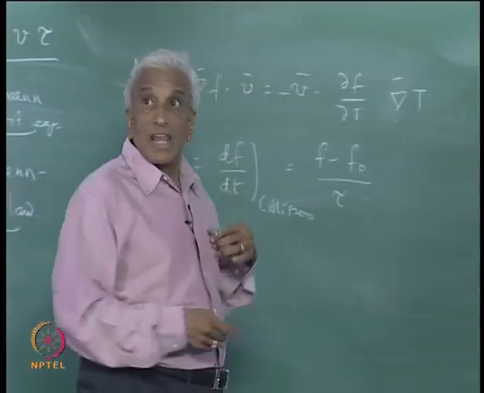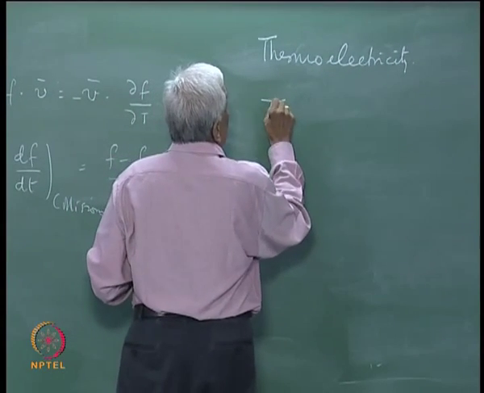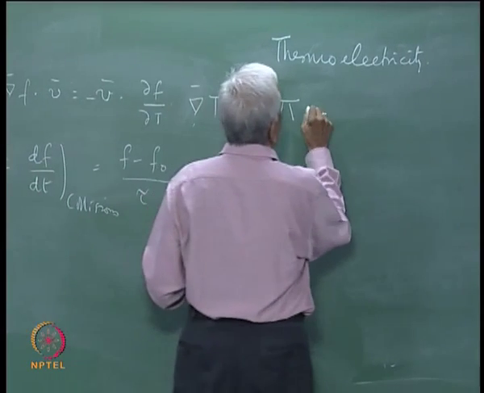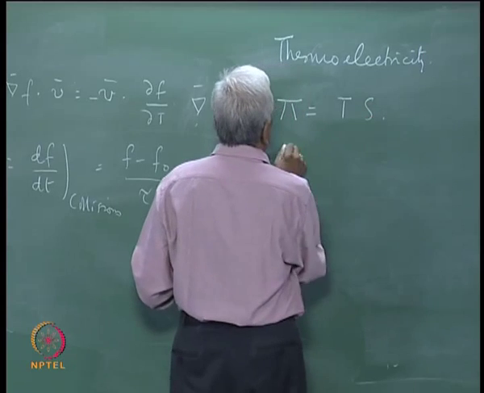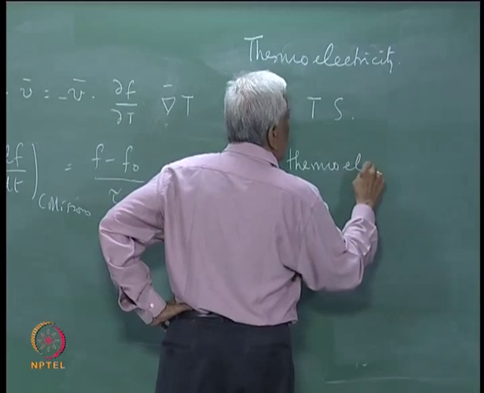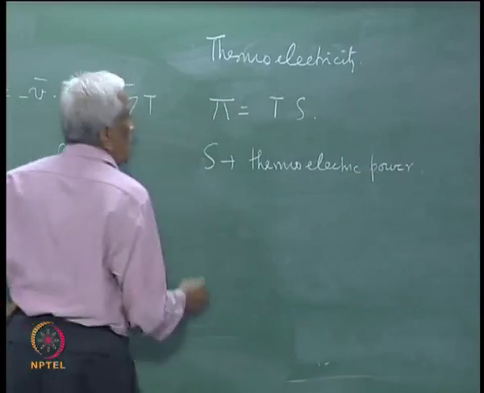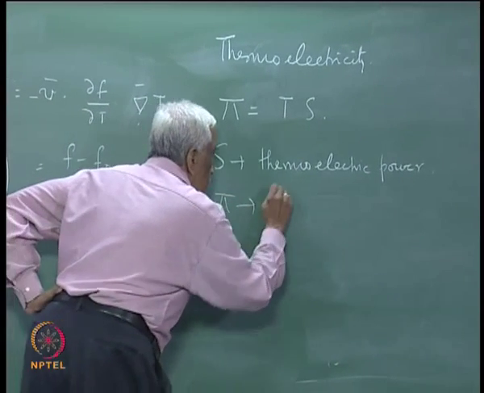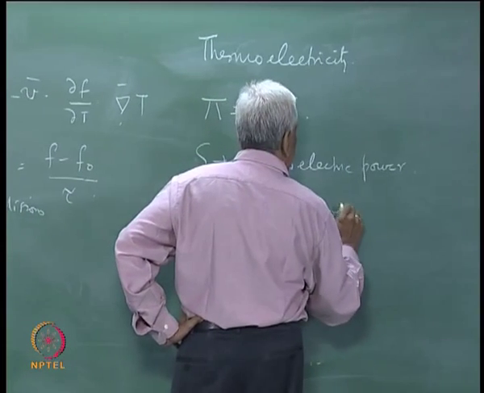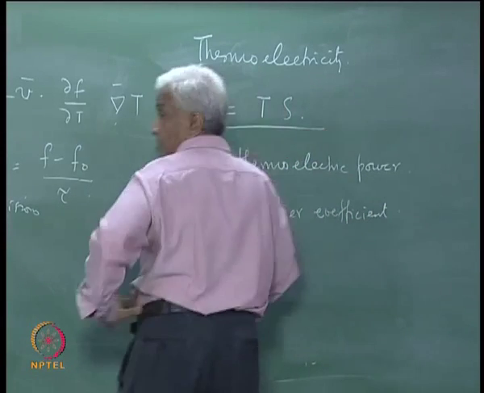In order to describe it, the absolute thermal power is defined by pi equal to T S, where S is the absolute thermal power, the thermoelectric power. It is also known as the Seebeck coefficient, and pi is the so-called Peltier coefficient, and T is the absolute temperature, of course.